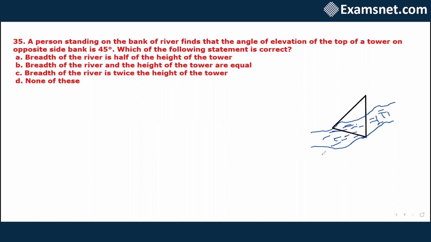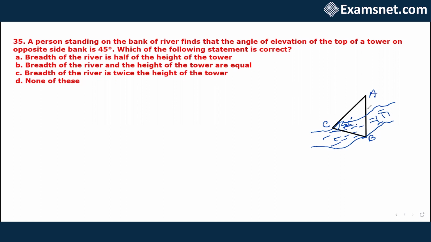Okay, first let me explain the diagram. Here, let's say AB is the tower situated on one side of the bank, and a person is standing on the opposite bank of the river, at the point C. So the angle of elevation is 45°.